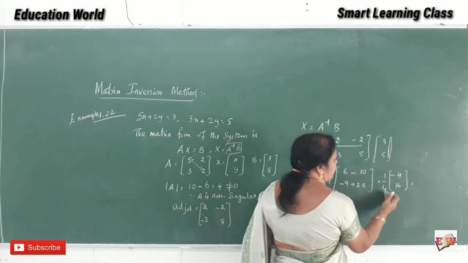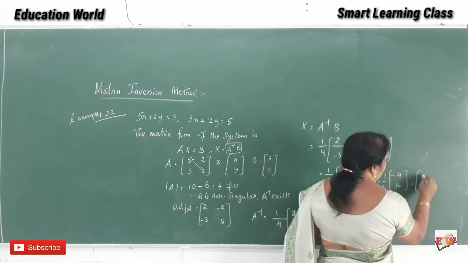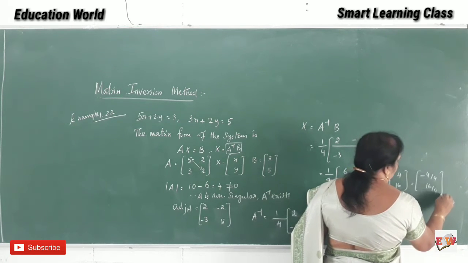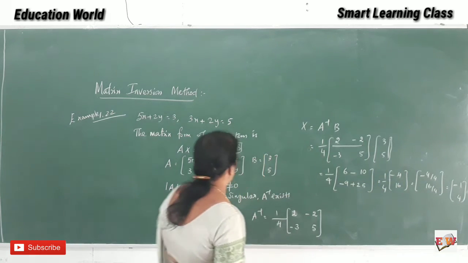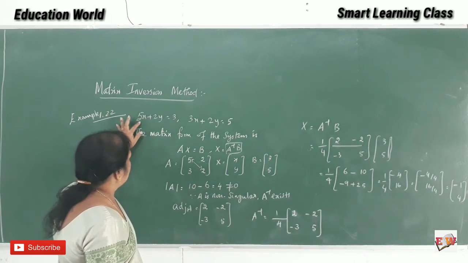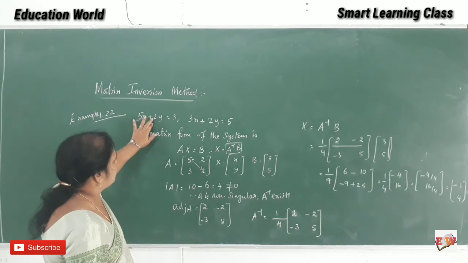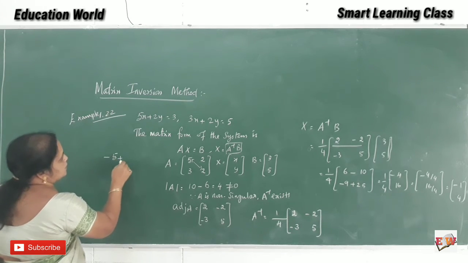So we divide this matrix by 4: minus 4 by 4 is minus 1, and 16 by 4 is 4.